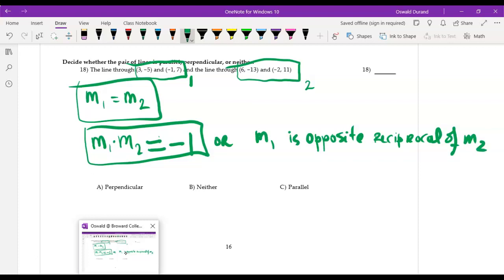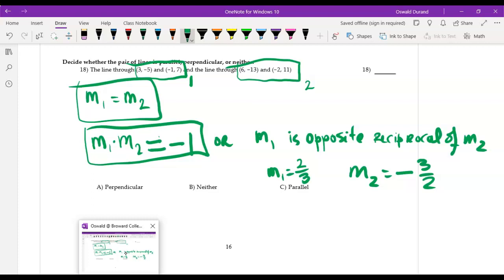For example, if the first slope is 2/3, then m2 is opposite, meaning negative, because 2/3 is positive. And then it is also reciprocal, so it's going to be -3/2. That's what's going to establish the perpendicular lines if those 2 slopes look like this.